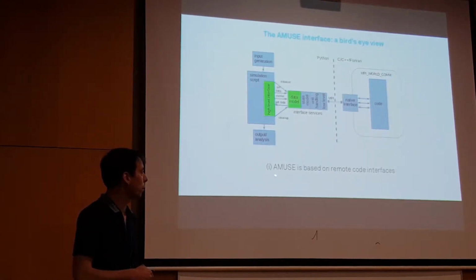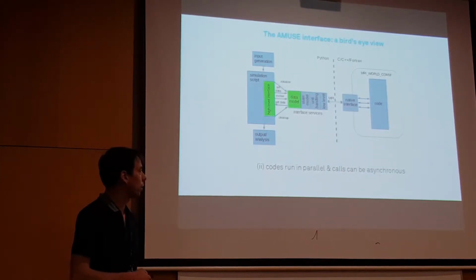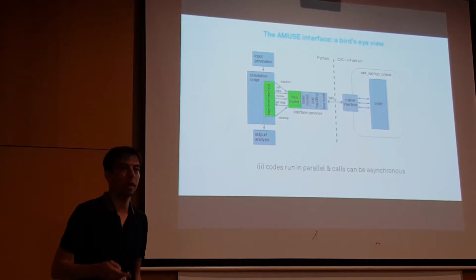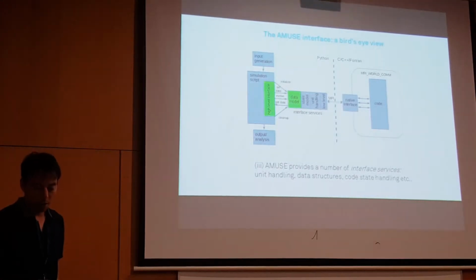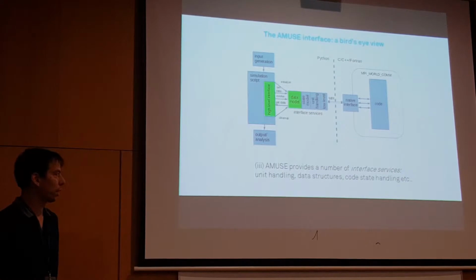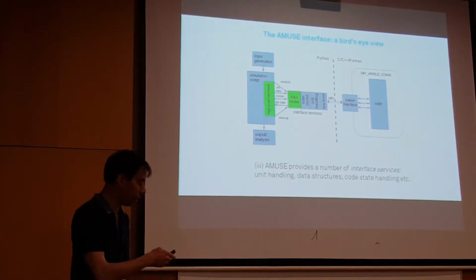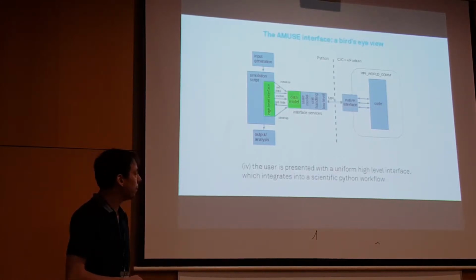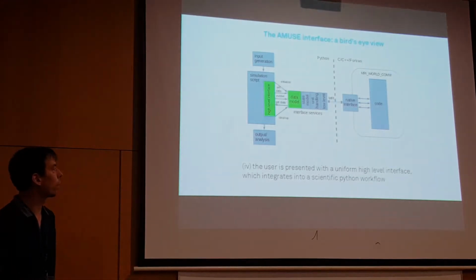The first thing to note is that AMUSE and OMUSE are based on remote code interfaces. These codes can be run in parallel, and calls can be asynchronous. AMUSE provides a number of interface services, such as unit handling, data structures, and the code state. I will not go into detail because I have no time for that. The important part is that the user is presented with a uniform high-level interface, which easily integrates in your scientific Python workflow.